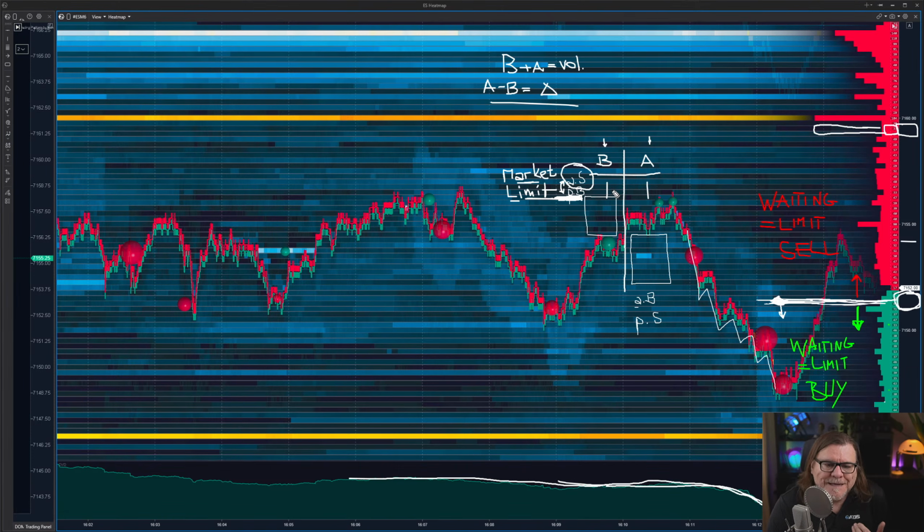But this is more about the heat map, footprints, and so on. It's not an easy topic, but it tells you, as said, which side was more active. But you need to bear in mind, what did I say before?